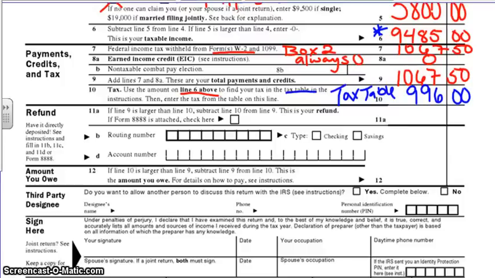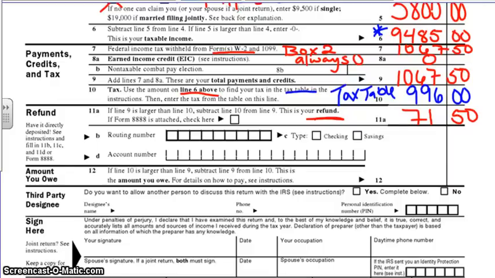This is telling us this is the money that we're getting back. So when we simply subtract the two, you're going to get a refund of $71.50.